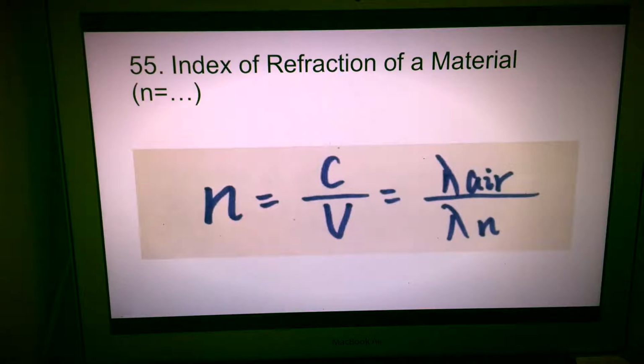Index of refraction of a material. n equals c over v, and n equals lambda air over lambda n. c is the velocity of light, and v is the velocity in the material. When you're traveling from air to water, the wavelength in air is different from the wavelength in water, and the velocity will change.